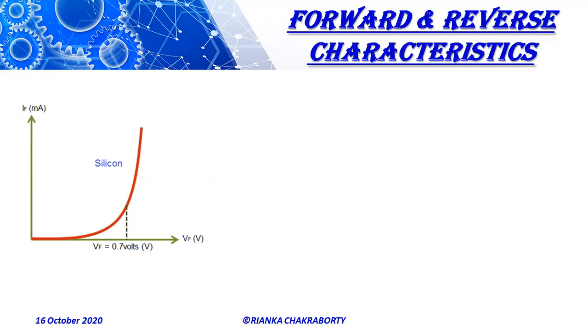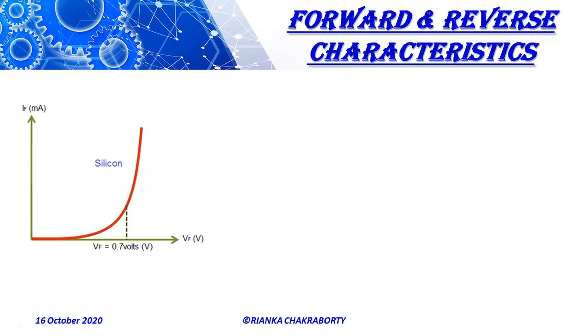In case of silicon diode, if the external voltage applied on the silicon diode is less than 0.7 volt, the silicon diode allows only a small electric current. This current is considered as negligible.